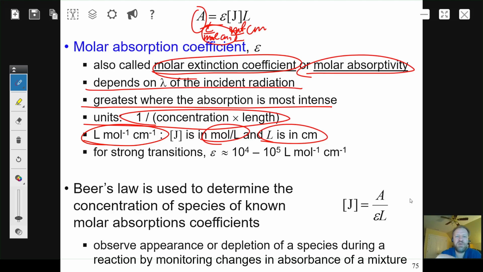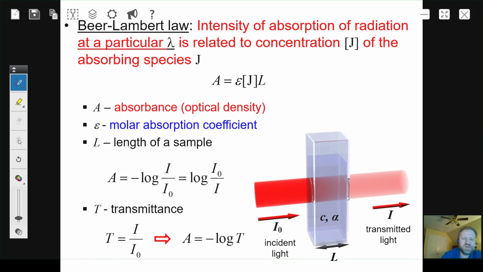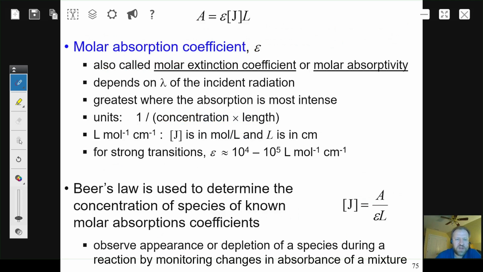Okay. So again, absorbance does not have any units, and I probably forgot to mention it in the previous slide, but you can see it has no units because it is defined as the log of something. Now, Beer's law or Beer-Lambert law is used to determine the concentration of species of known molar absorption coefficients.